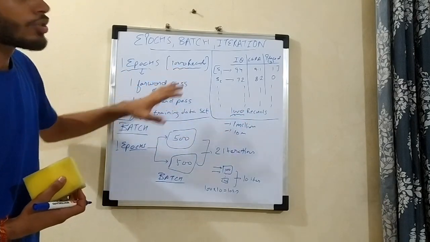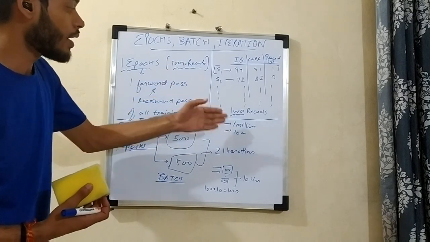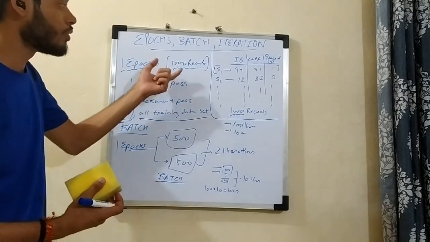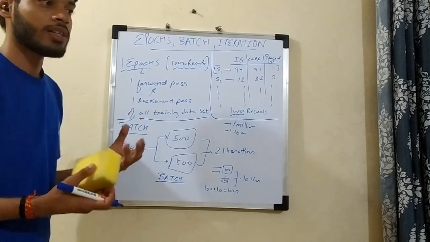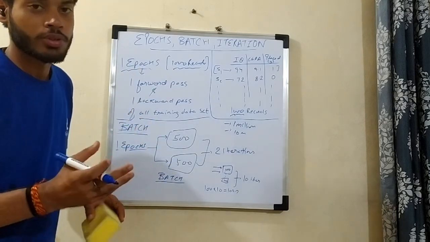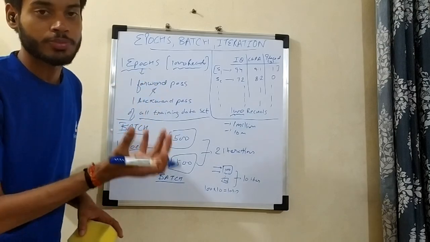So basically this is going to be a huge amount. If we have 10 million records, then this is going to be huge for a computer, right? So for that we have this solution: if something is huge, you divide it into small packets.